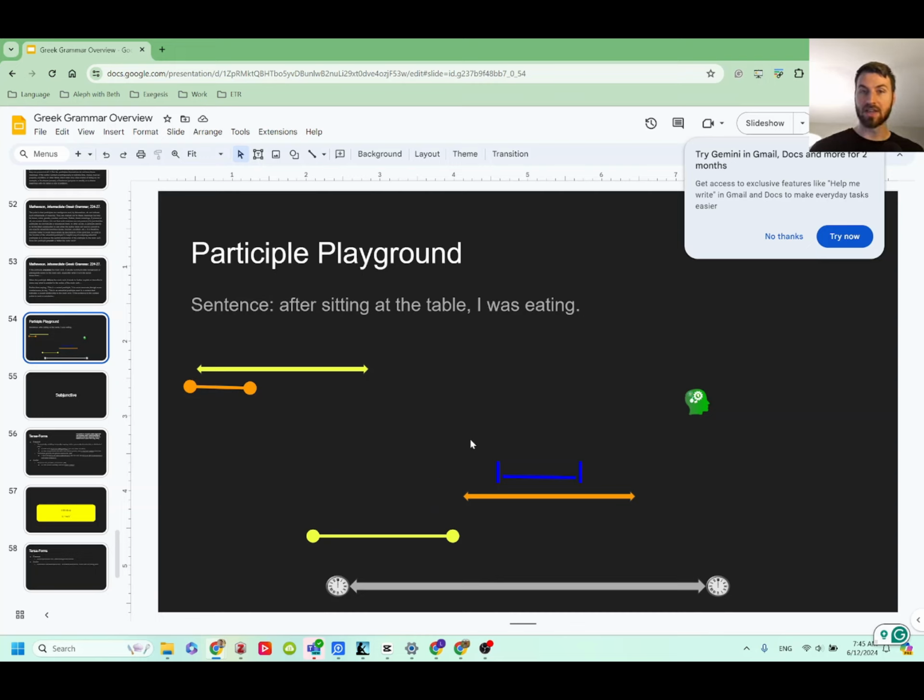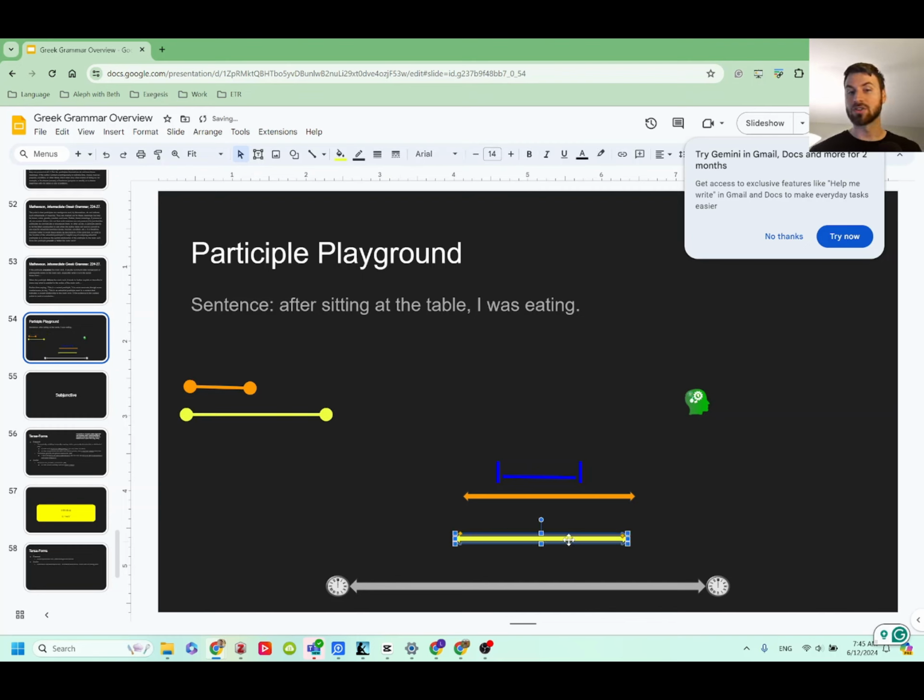Something happened, and then that allows the main verb to continue, versus the present participle, which emphasizes some ongoing action that is happening at the time of the main verb.